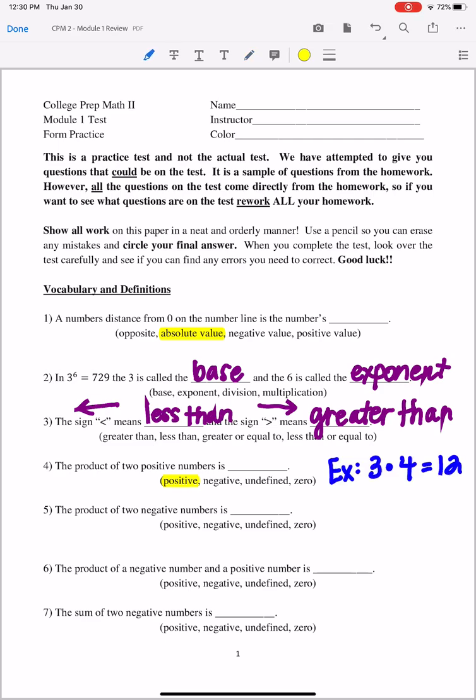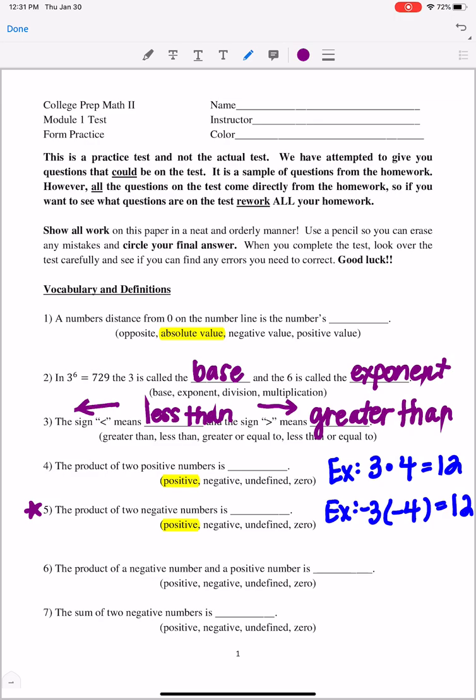The product of two negative numbers is also positive. So, for example, -3 times -4 is also 12. If you want to star this one, a lot of people get this one wrong.